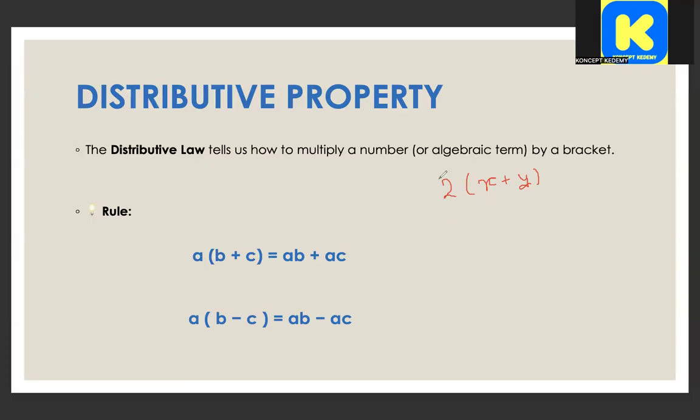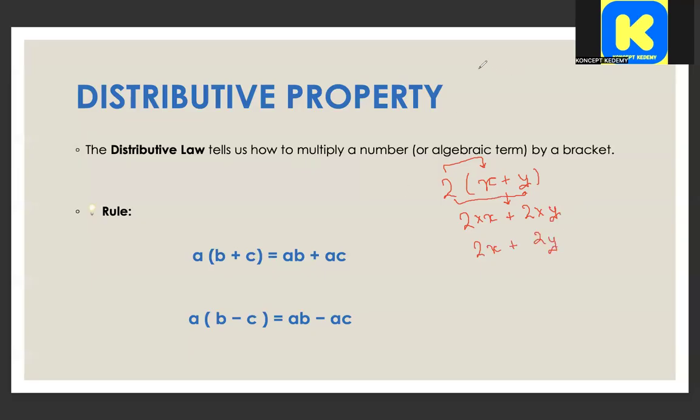The same way as I applied in the previous sums, 2 into x, so this will become 2 into x. This plus sign I will put, and then this 2 will be multiplied by y. So this will be 2 into y. So 2 into x will become 2x, and 2 into y will become 2y.